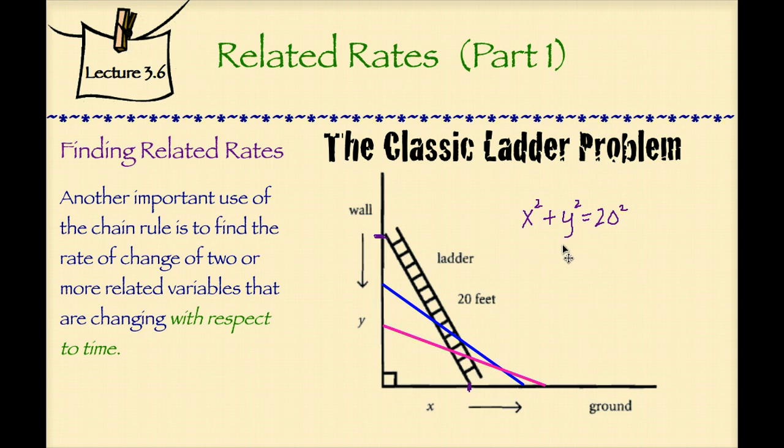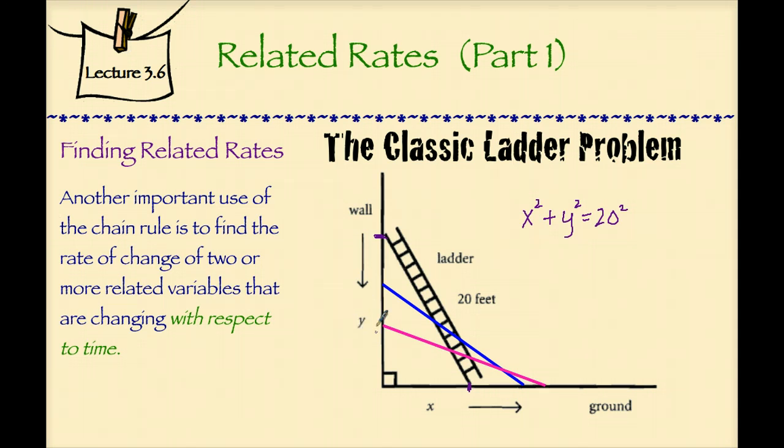Not only are we interested in the changing lengths of the triangle as the ladder moves down the wall, we're interested in the rate at which these lengths are changing. How fast is the ladder moving down the wall? And how fast is the base of the ladder moving away from the wall? These are rates with respect to time.